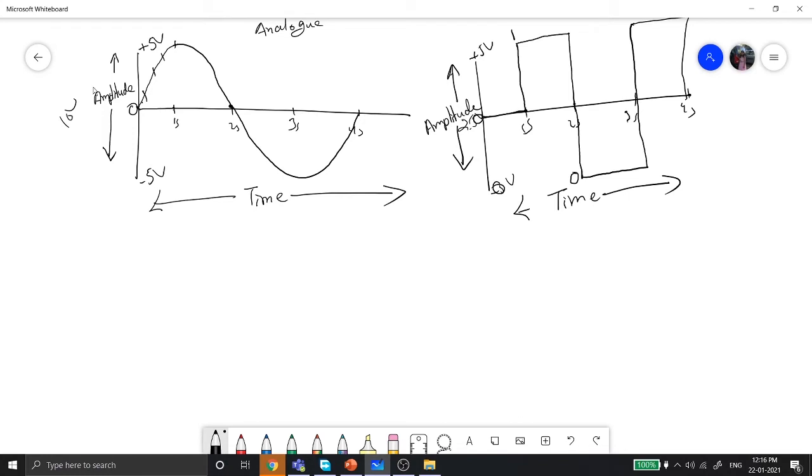You just have to understand the concept that an analog signal changes values, varies with time, and can take any range of values. And in a digital circuit, the change happens at an instant, like at a snap. It changes from 0 to 1 instantly.